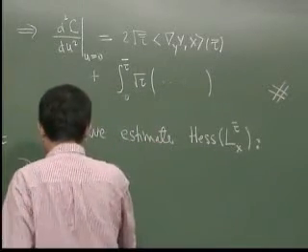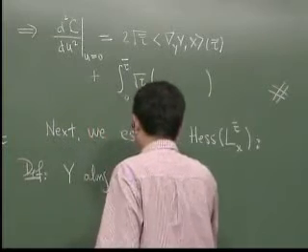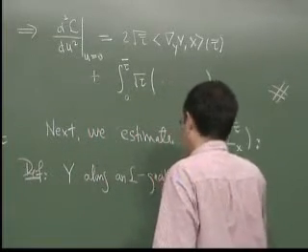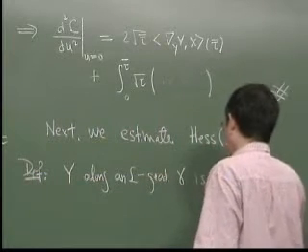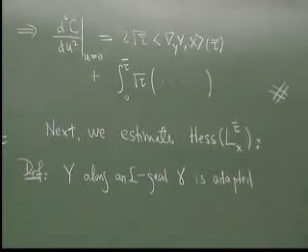So a vector field Y along an L-geodesic gamma is called adapted. We didn't use this word in Riemannian geometry, but actually we use the corresponding version in comparison geometry.